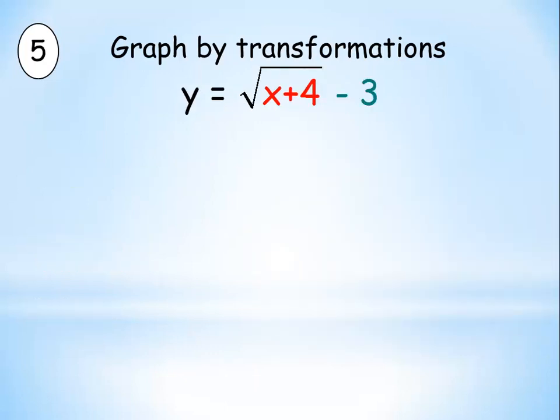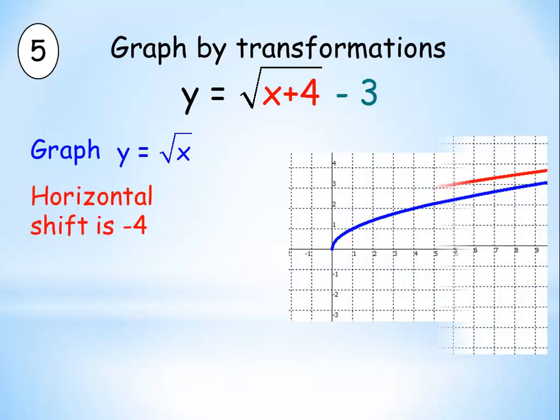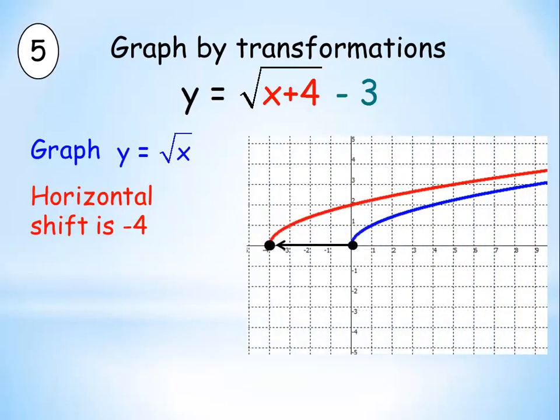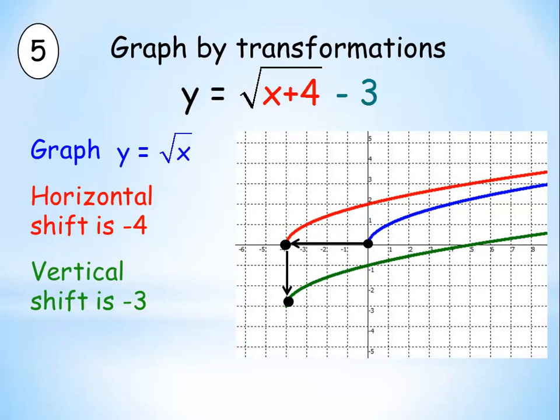But suppose we want to graph y equals the square root of (x plus 4) minus 3. Begin with the parent graph. Take care of the horizontal shift. Now we have a vertical shift of -3. So move the endpoint down 3 units. Our new endpoint is (-4, -3).